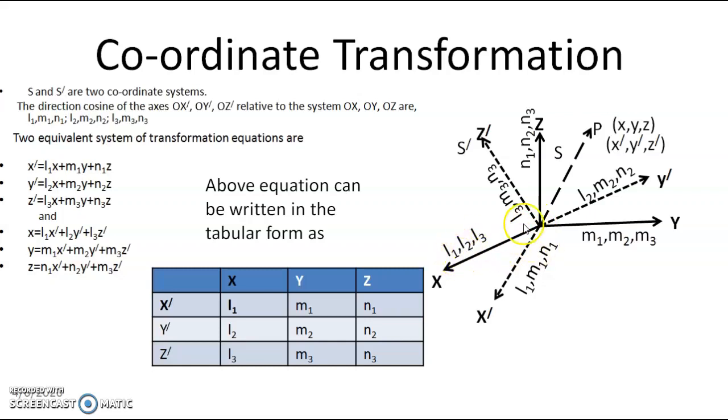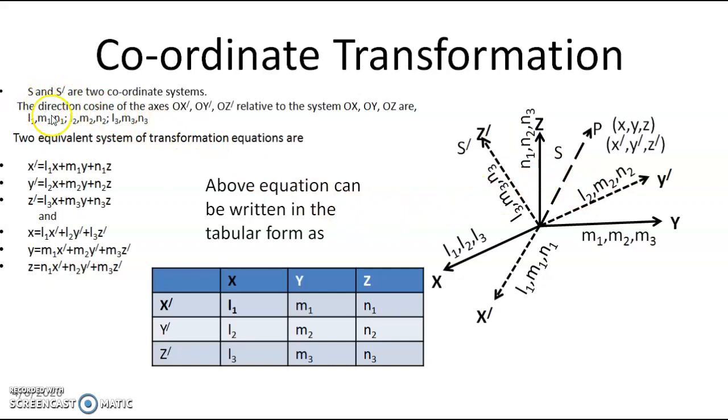Similarly, if it makes an angle beta with the y-axis, then cos beta is the direction cosine, represented as M. Similarly, if it makes an angle gamma with the z-axis, then cos gamma is the direction cosine.